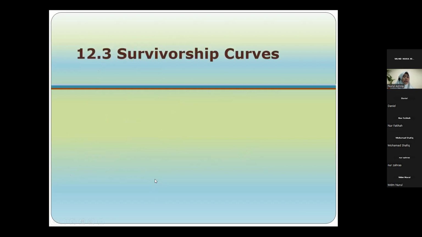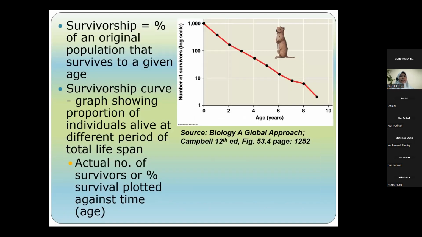So, what is survivorship curve? Okay, let's see here first. Survivorship means percentage of original population that survive to a given age. So survivorship curve is the curve that showing proportion of individual alive at different period of the total life span, or the actual number of survivor or percentage of survivor plotted against time, which is age.